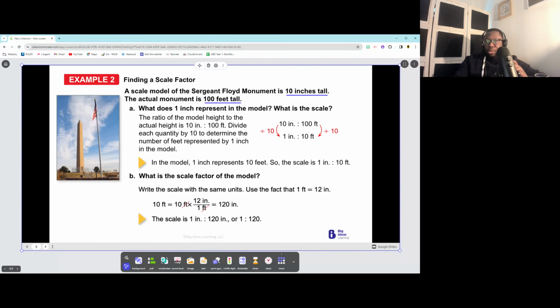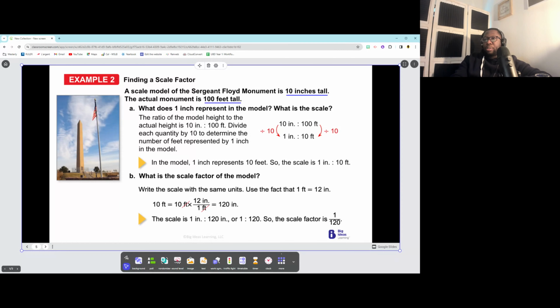So 1 inch on the model is equal to 120 inches in real life. The scale is going to be 1 to 120. Once again, we want to pay attention to the order. Since we're going from model to real life, we want to make sure that those units remain the same.